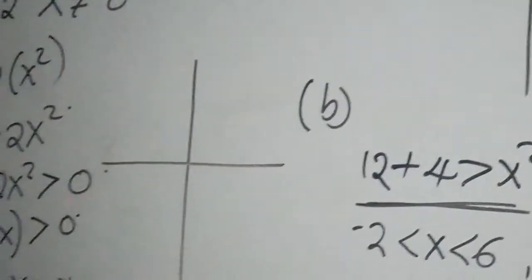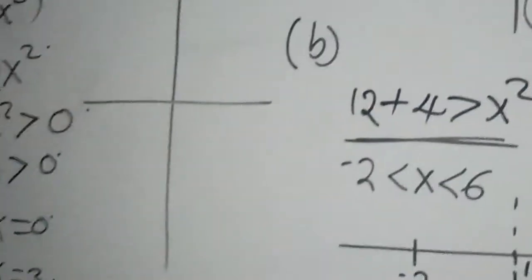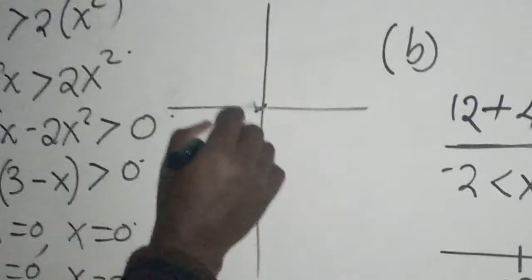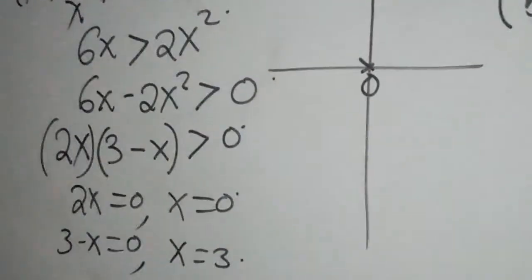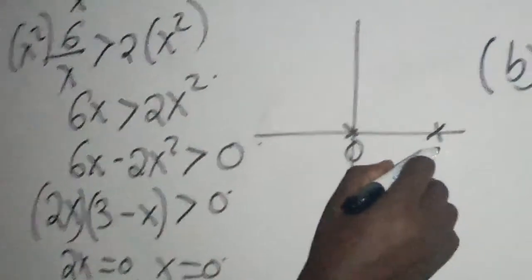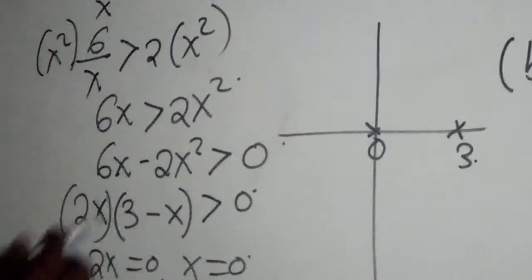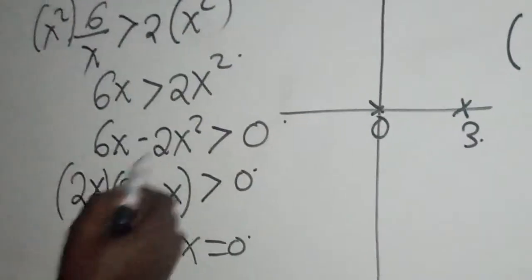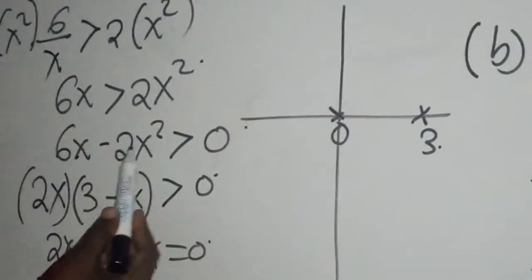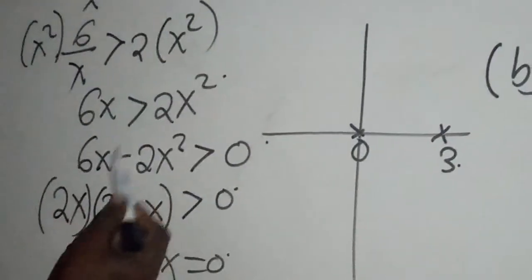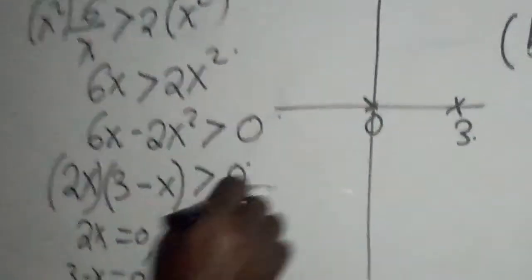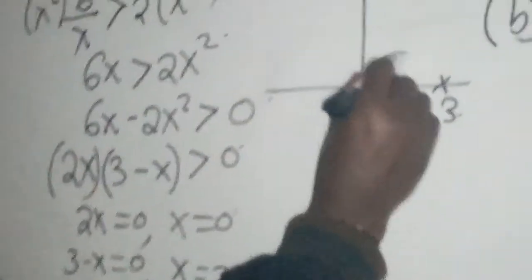So if we sketch a quadratic graph here, we are going to talk about 0 as one of the critical values and positive 3 as the other. But before we can sketch, we have to examine the nature of a, because a is the coefficient of x squared, which is less than 0, and the shape is obviously an n.